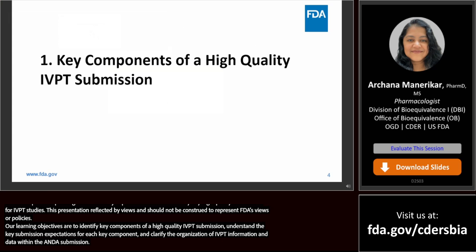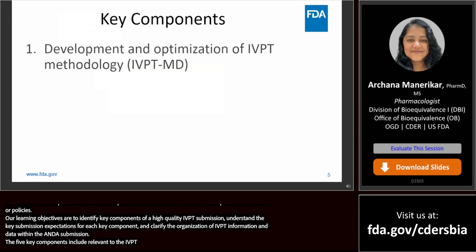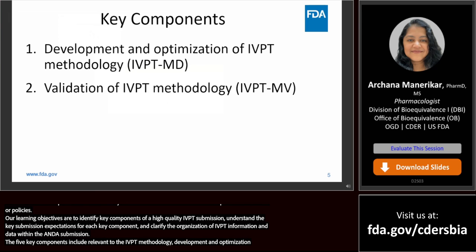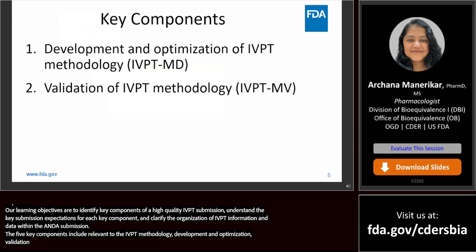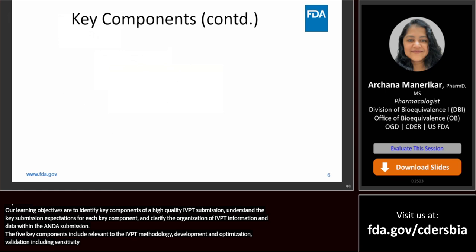The 5 key components include, relevant to the IVPT methodology, development and optimization, referred to as IVPT method development, validation, including sensitivity and pilot studies, referred to as IVPT method validation, and IVPT pivotal evaluation based on the validated methodology.